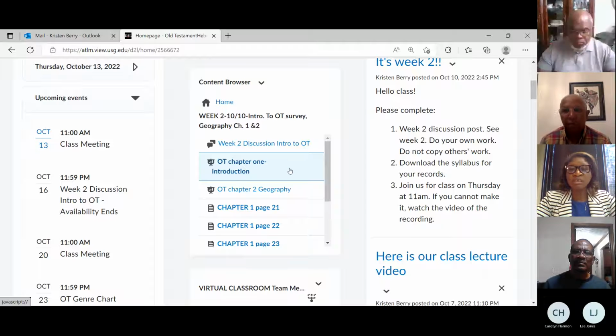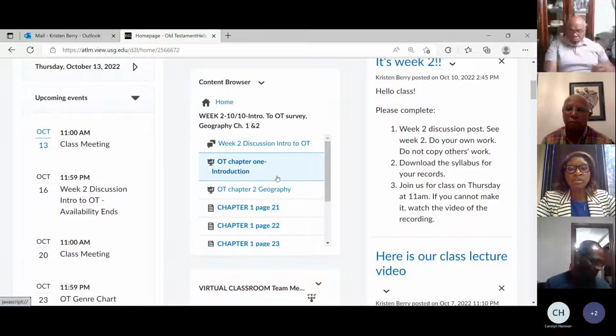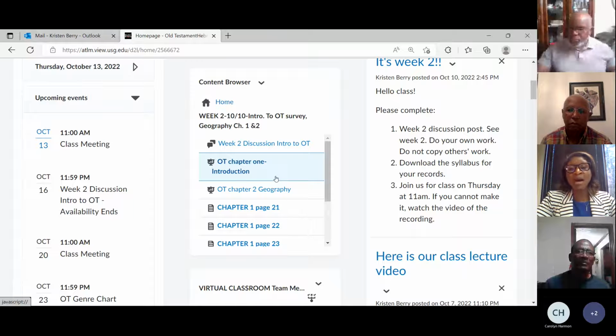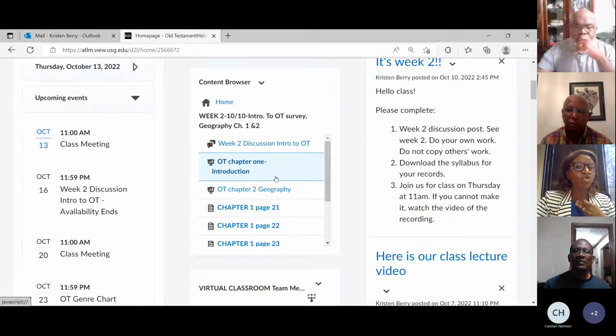Okay, so today we are going to kick off our discussion about geography. I want to start off with a very short video. I just want to show you some maps. One of the key things with this particular chapter, when we talk about geography, which is very important, is the land.